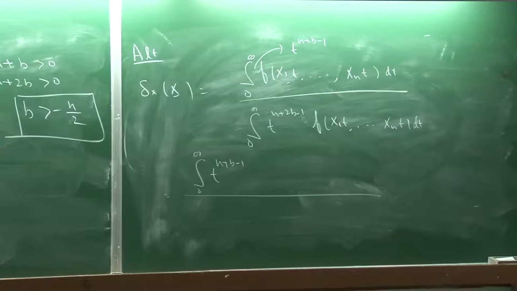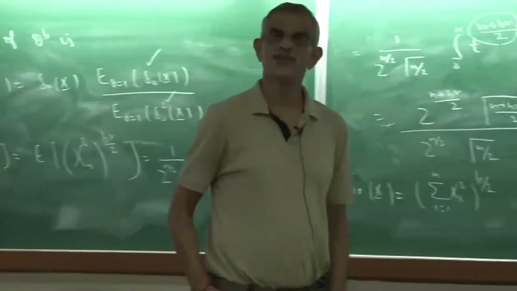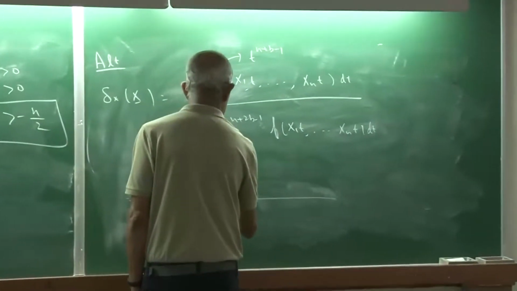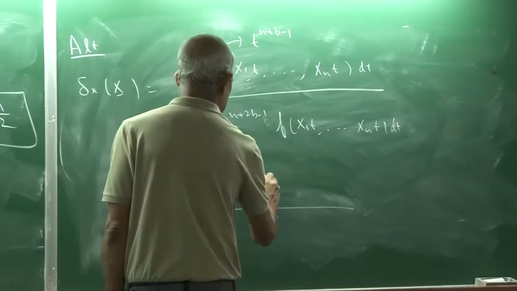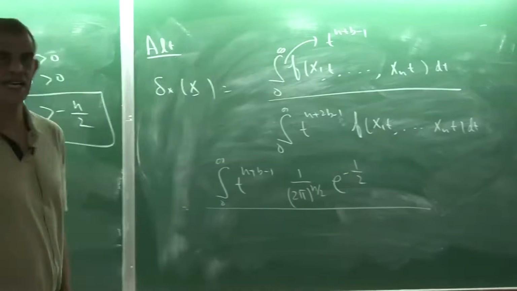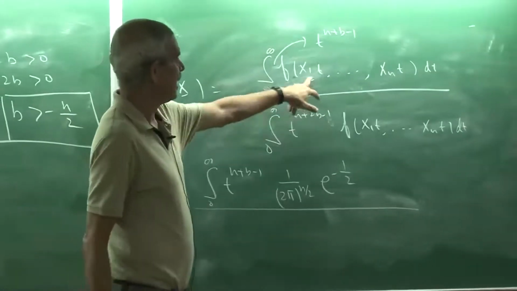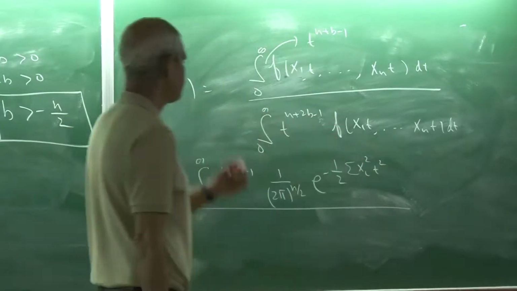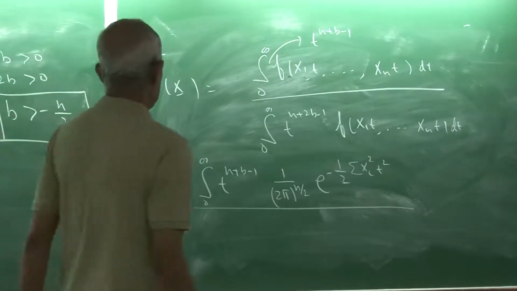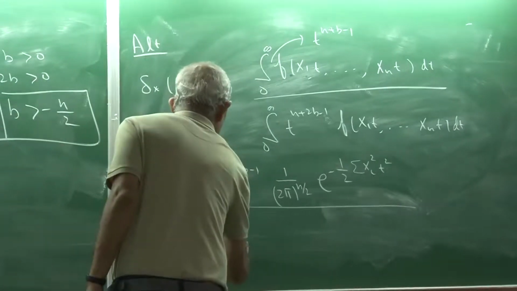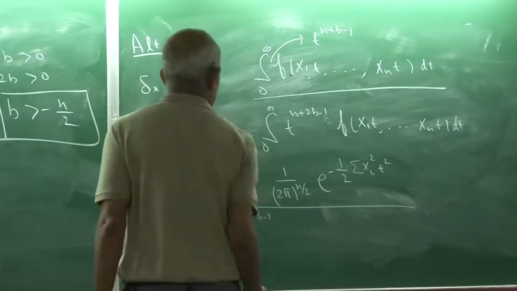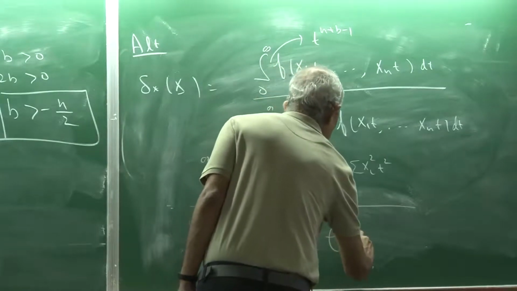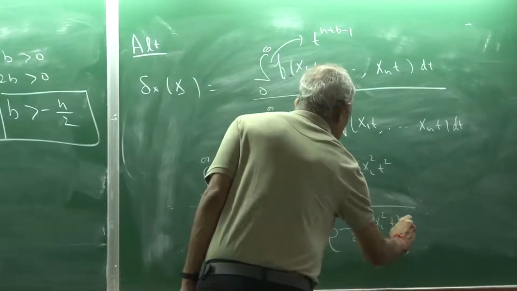In this case, what was my f of t1, t2, ..., tn? 1 by 2 pi to the power n by 2, e to the power minus 1 by 2 summation ti square, and ti is xi t, so summation xi square t square. Same thing over here, integral 0 to infinity, t to the power n plus twice b minus 1, 1 by 2 pi to the power n by 2, e to the power minus 1 by 2 summation xi square t square.